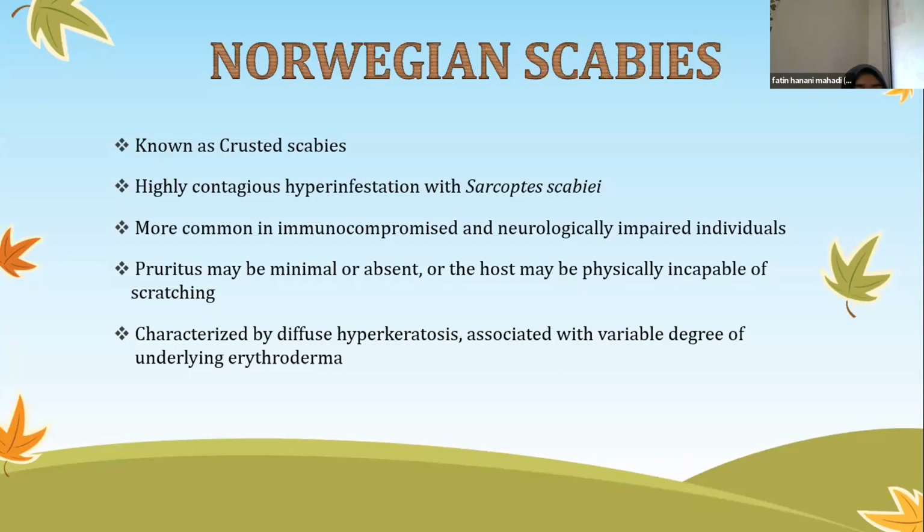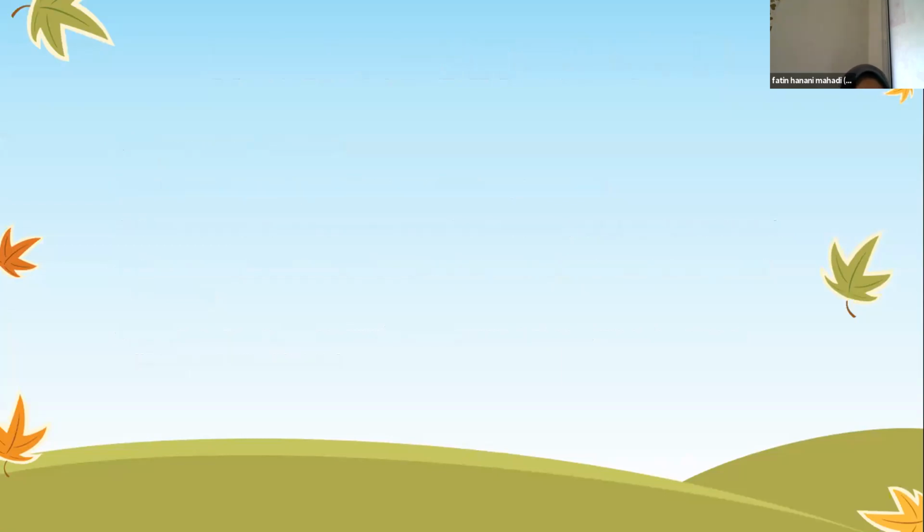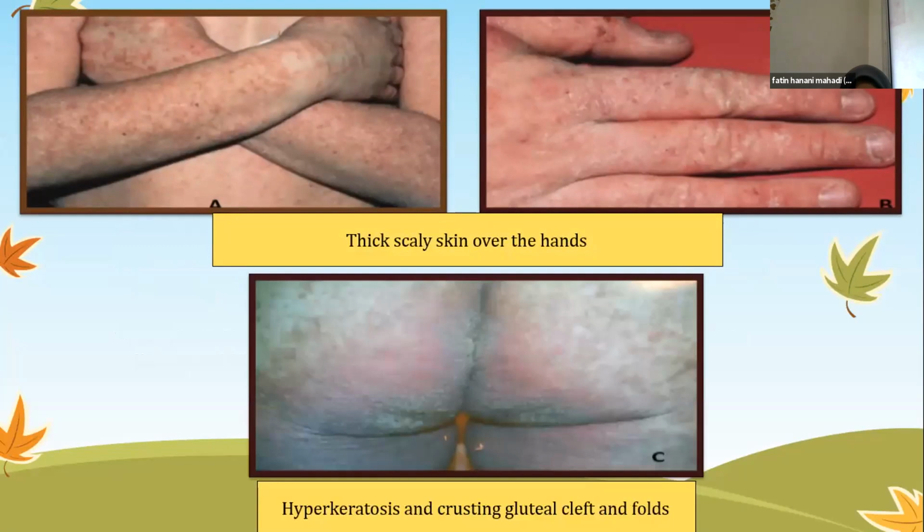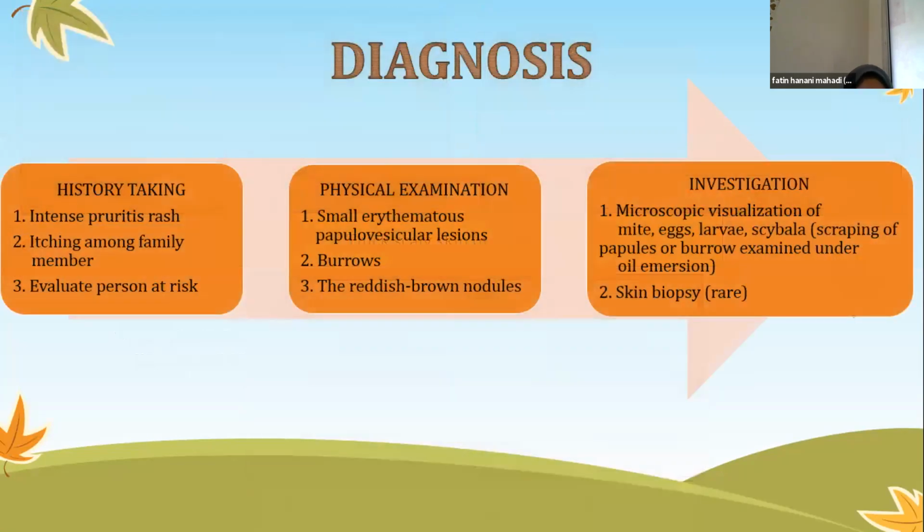And this Norwegian scabies is characterized by diffuse hyperkeratosis associated with a variable degree of underlying erythroderma. As you can see, the presentation can be thick scaly skin over the hands, also hyperkeratosis encrusting the gluteal cleft and folds.